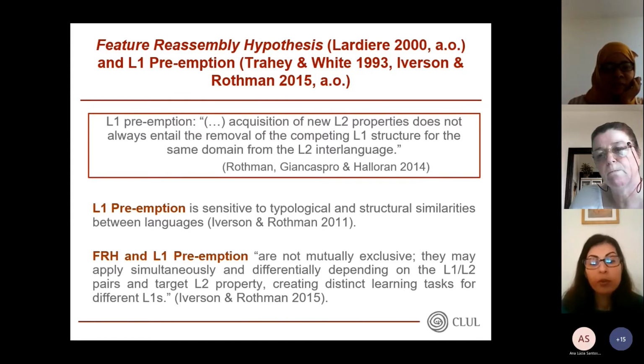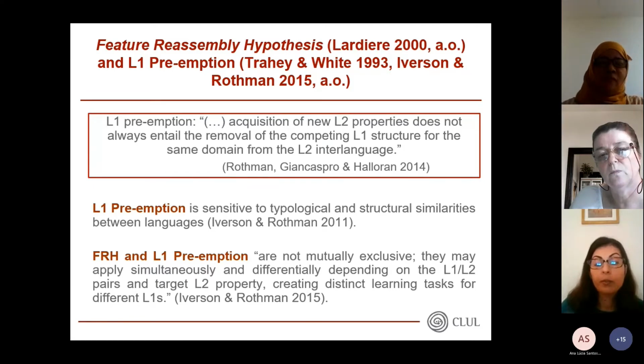Iverson and Rothman also argue that the feature reassembly hypothesis and the L1 preemption hypothesis may apply simultaneously and differentially depending on the language pair and the target L2 property. In fact, they argue that when the acquisition of an L2 property entails some more complex tasks, this creates a context that is more prone to the observation of L1 preemption effects.